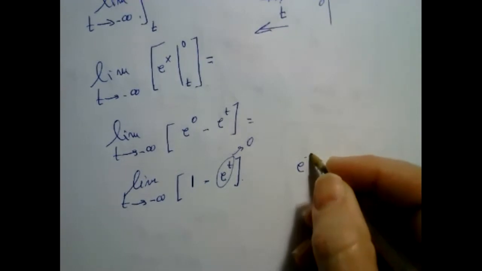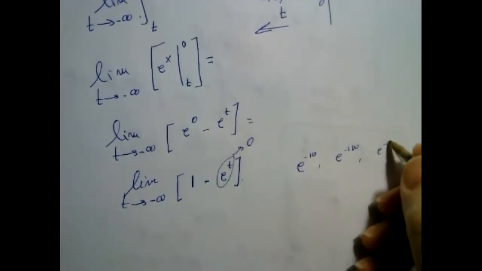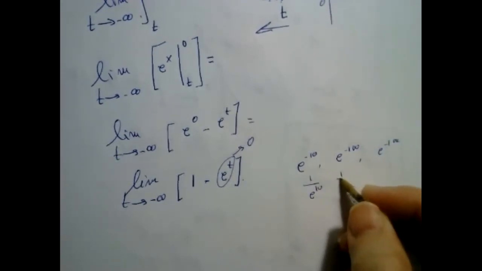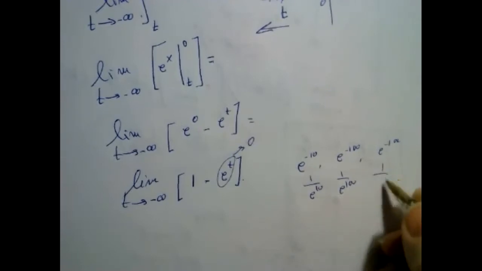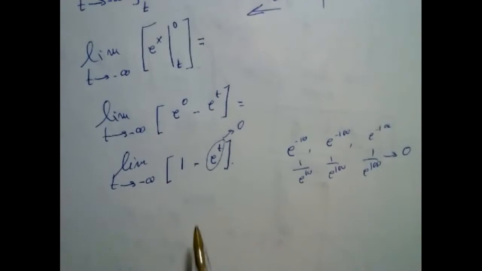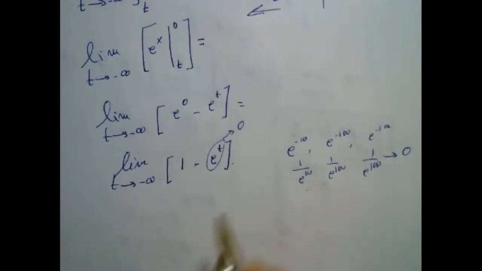Negative power, large negative. So e to the minus 10, e to the minus 100, e to the minus 1000. So it's basically 1 over e to the 10, 1 over e to the 100, 1 over e to the 1000. This definitely will go to 0, because it's a large power, but it's a negative large.